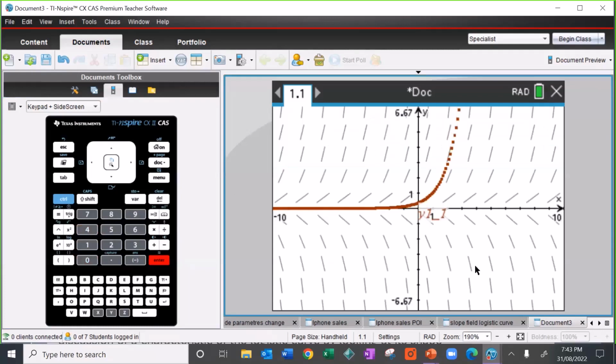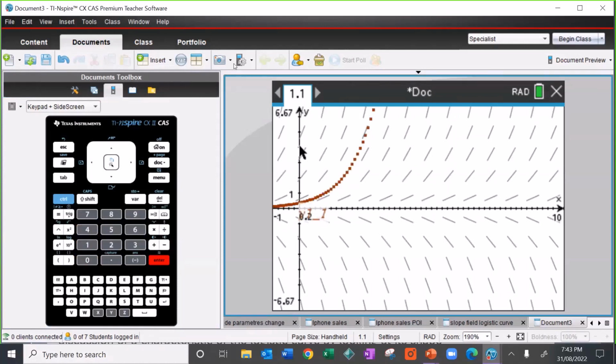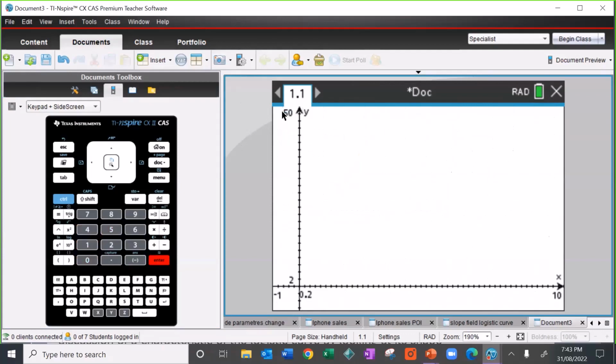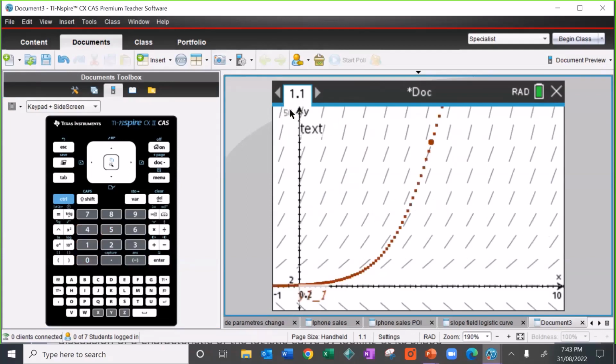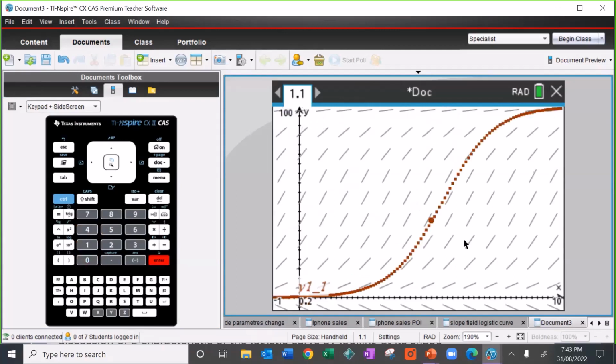Of course we won't see that much here, so we will need to change our scale a bit. That's a bit of playing with the scale, not quite enough, and so on. And now we can see a nice, again, shape of our logistic curve, and this point, the initial condition, is nearly the point of inflection here.